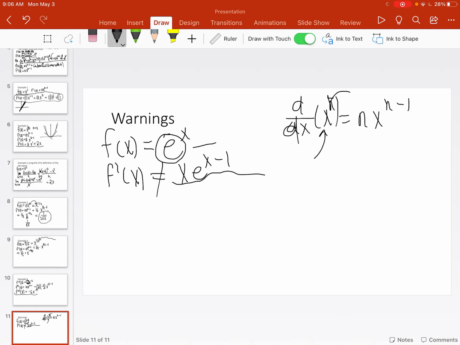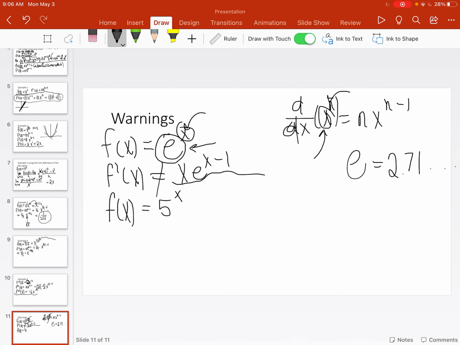Looking here, the base of this exponent is a constant. E is a constant, approximately 2.71, going on. E is not a variable. X is. It's a big difference here. Here, the variable is the base. Here, a constant is the base.